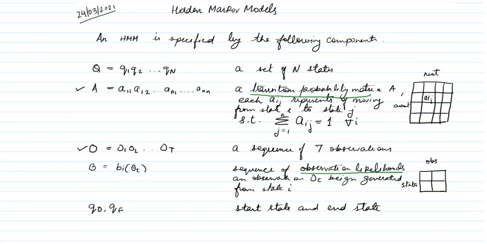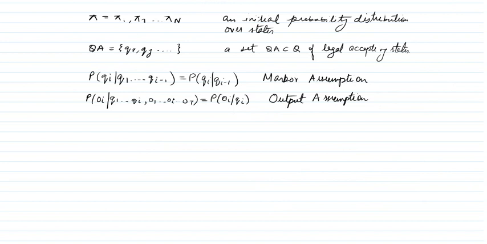The rest of the things are just formal definitions that may or may not be required, or we may have some kind of assumptions, like the priors, initial state, final state, accepting states, so we can make some initial assumptions ourselves. But the probabilities are generated by learning from the training data.